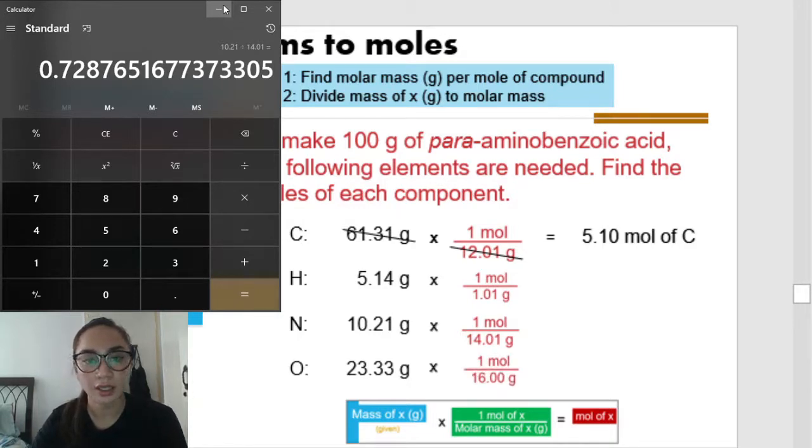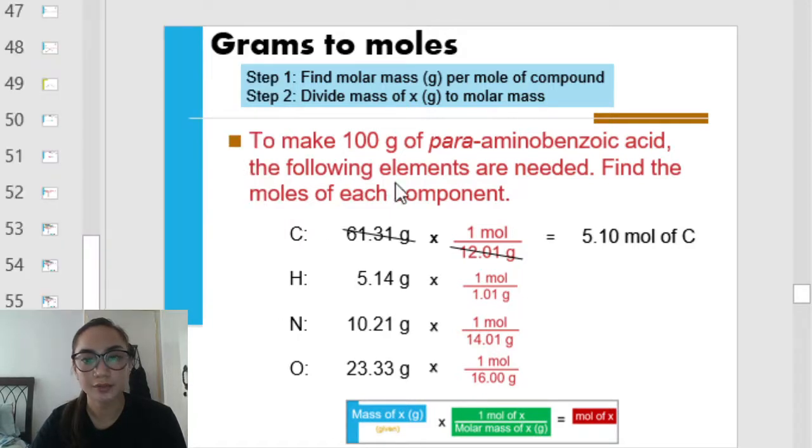Okay, and then the last one we have is oxygen. 23.33 grams is our given. What we are looking for is moles. I got the atomic mass or molar mass of oxygen here, so we get 16 grams per 1 mole of oxygen. So it will cancel out again.